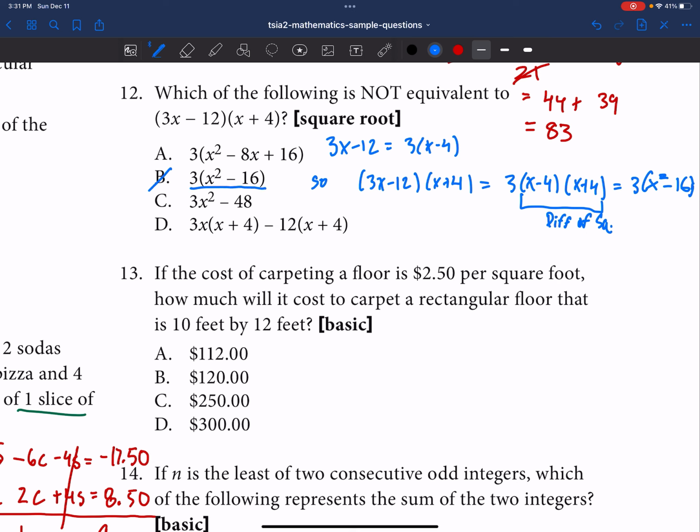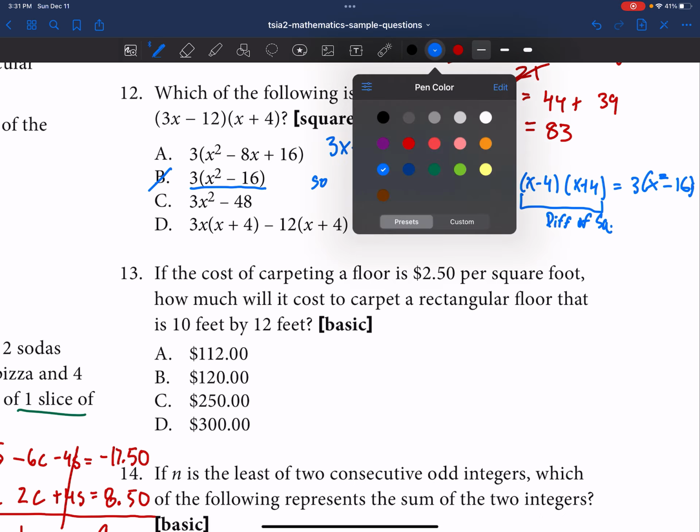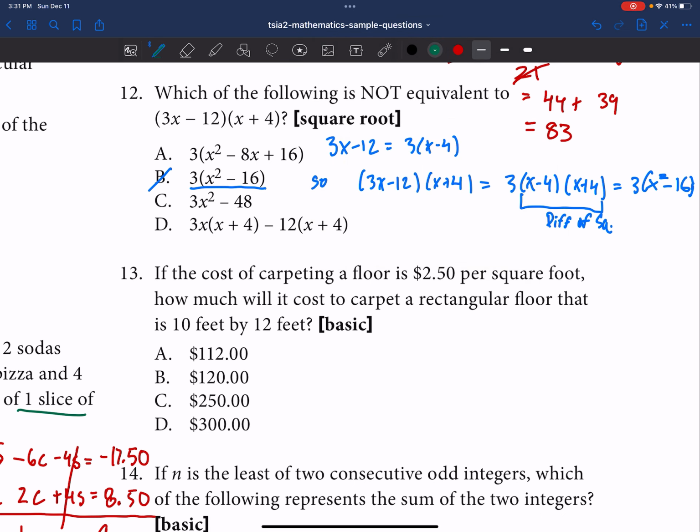So it's not B, okay? Let's change colors. Let's go to green. If I have 3 times x squared minus 16 and I distribute the 3, then I get 3x squared minus 16 times 3, which is 48. So it's not answer choice C.